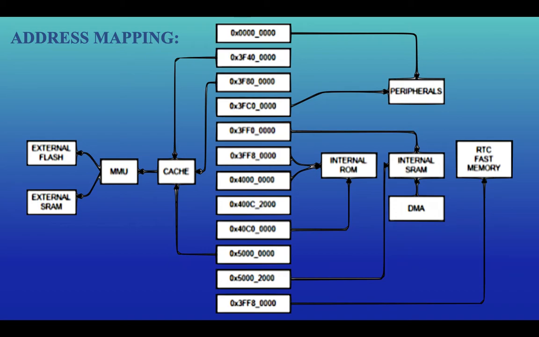Addresses in the range 0x40000000 to 0x4FFFFFFF are serviced using the instruction bus. Finally, addresses over and including 0x50000000 are shared by the data and instruction bus.